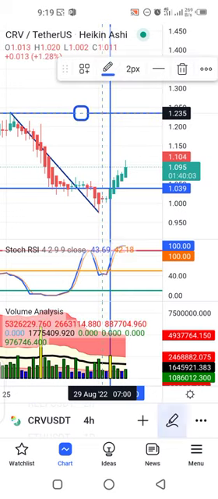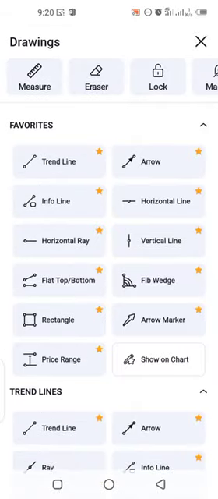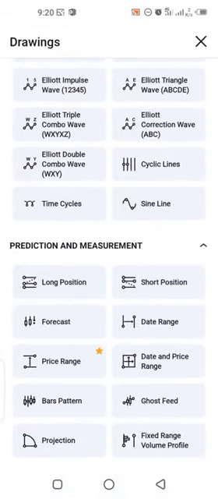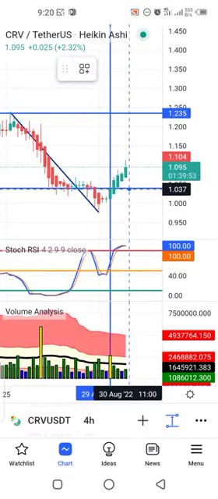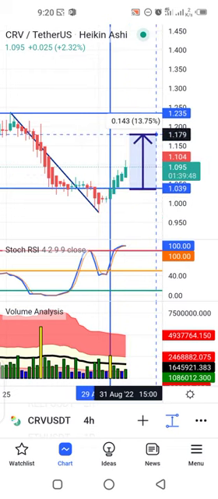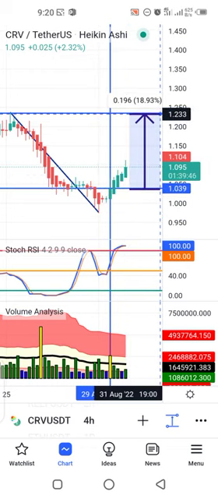And so when I go down to the prediction and measurement area, and I pick my price range, I'll measure from the first horizontal line, ladies and gentlemen, to the upper horizontal line, which gives me 18%.